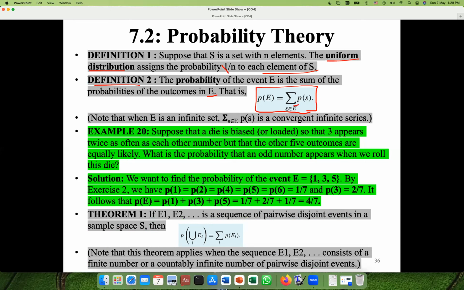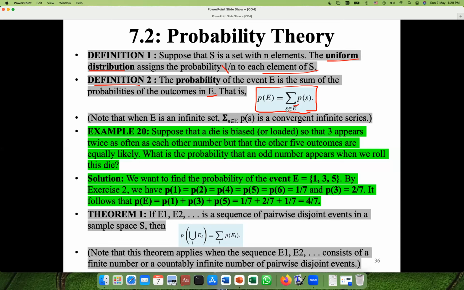Here you can see small s belongs to E, which means that this s is not the space, okay? This s is for the previous definition of E, and this E is for the capital S, according to the previous understanding that we have.